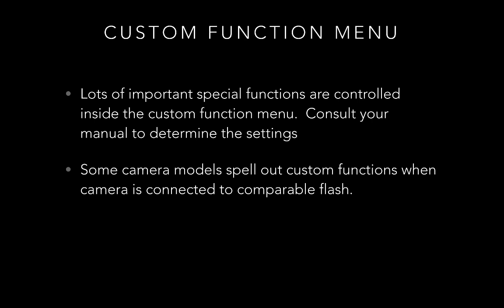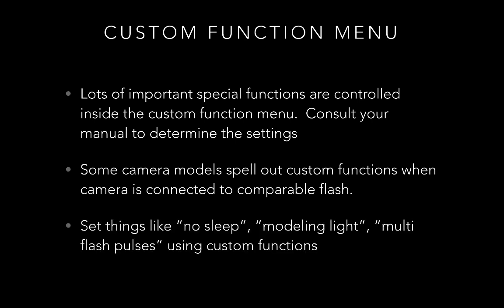Like a Canon 580, when you put that onto a Canon 5D3, you can set the custom functions of your flash through the LCD screen on your camera, and it tells you exactly what they are. So if you're out in the field and you forget to turn off something that you need turned on in the custom functions and you can't get to the manual, you might want to try putting the flash on your camera and seeing if that will give you the explanations you're looking for.